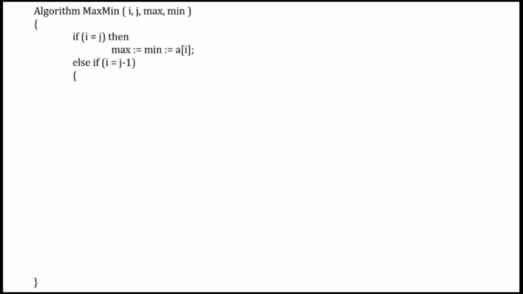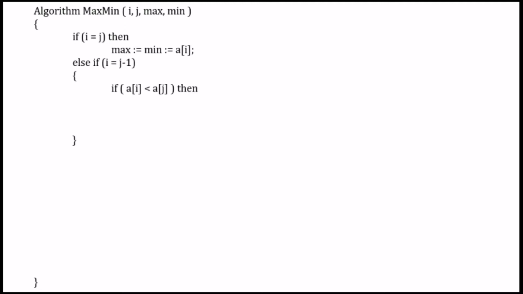If this condition is true, there are only two elements, because i equal to j minus 1 means 1 equal to 2 minus 1. That will be true if there are only two elements. Again, divide and conquer is not required, because we can directly compare the first element with the second element to get the answer.